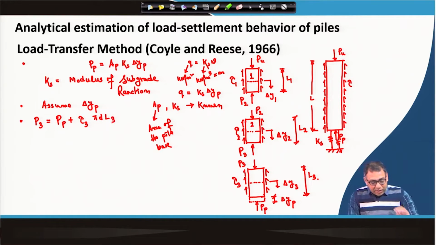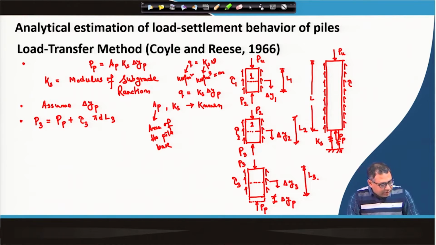Now what are the unknowns here? We know P p from the initial step, and we know L 3 because we know the length L of the pile and we have divided it into a number of segments. The diameter of the pile is also known. So the unknown is tau 3. How do I get the tau 3 value?